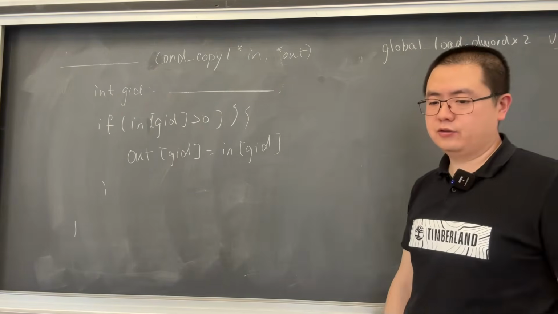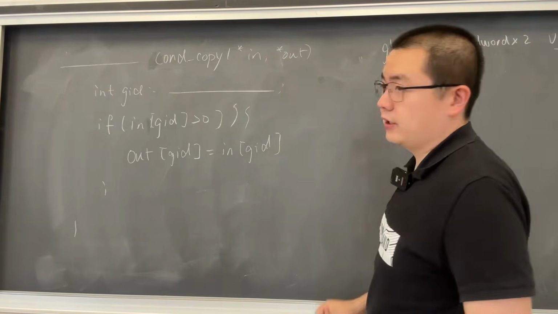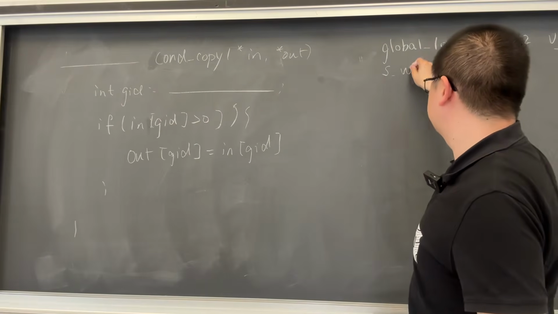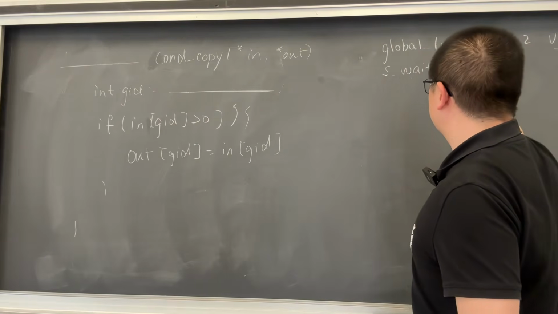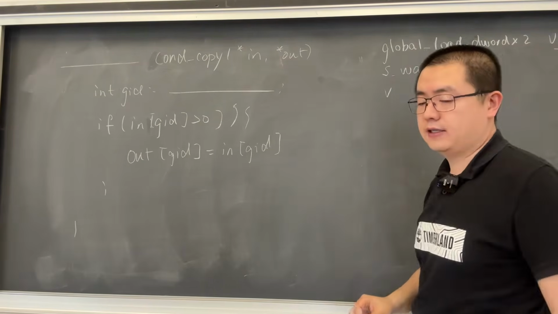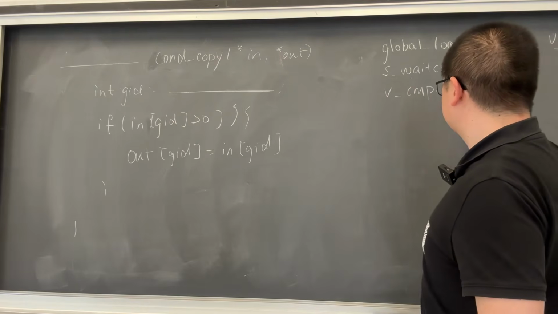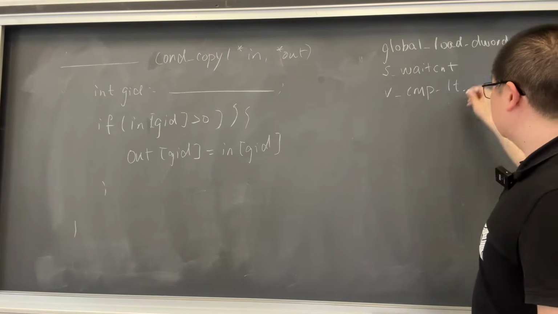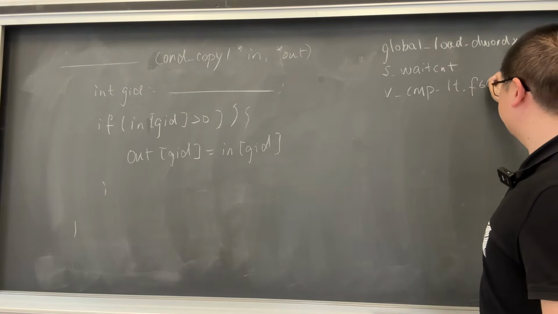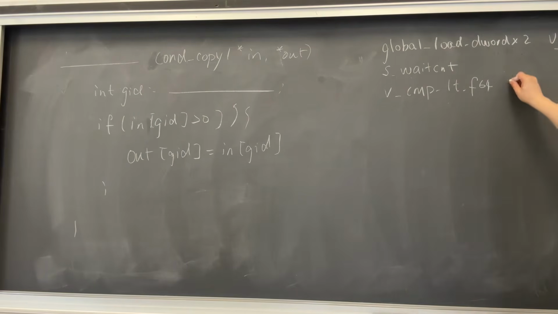Now here we need to do a comparison. Of course, before we do the comparison, we need a S weight count. After the data is there, we can do a comparison. Here the comparison is SV CMP compare less than. We have a type that is XF64, so a double precision comparison. We store the result into a special register called VCC.